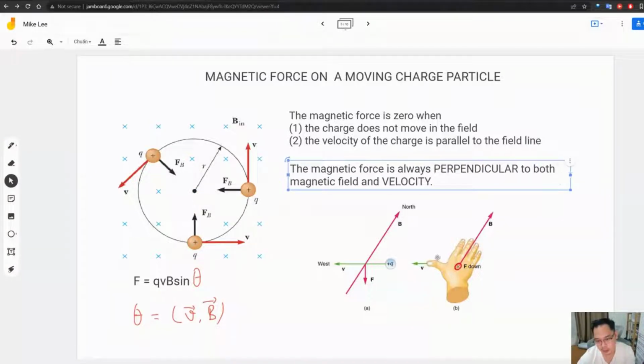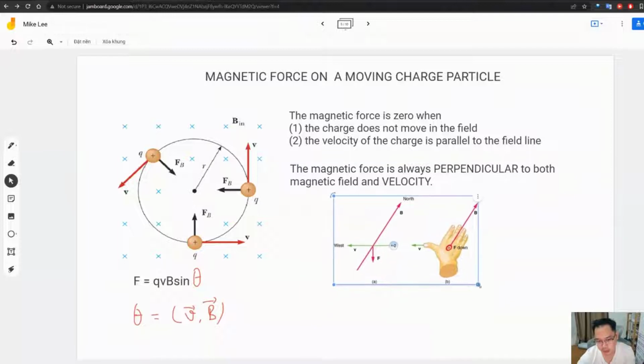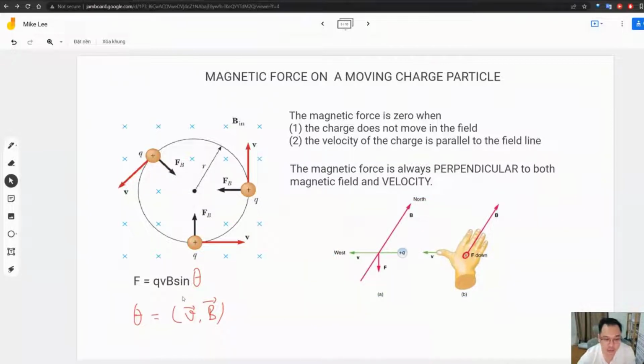And that force is usually the centripetal force.